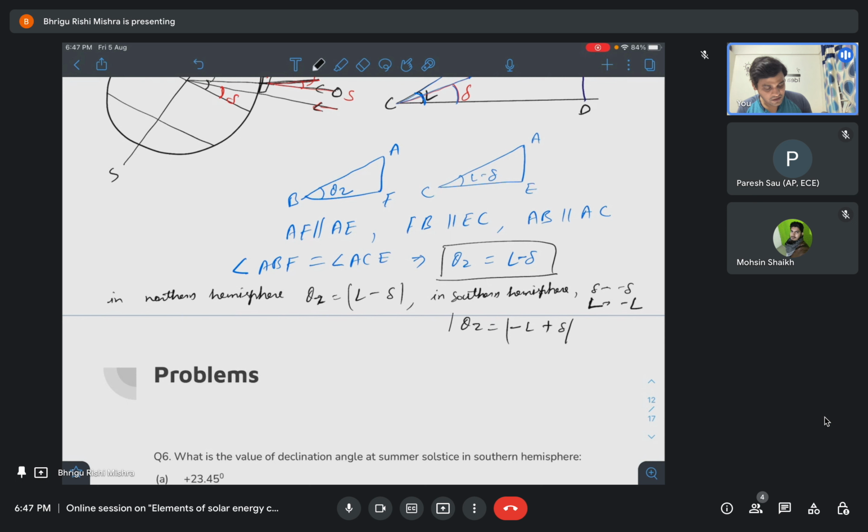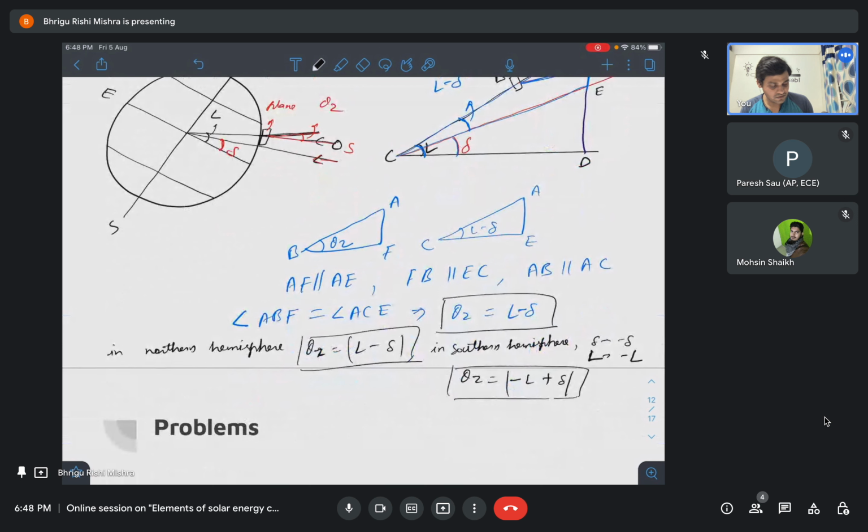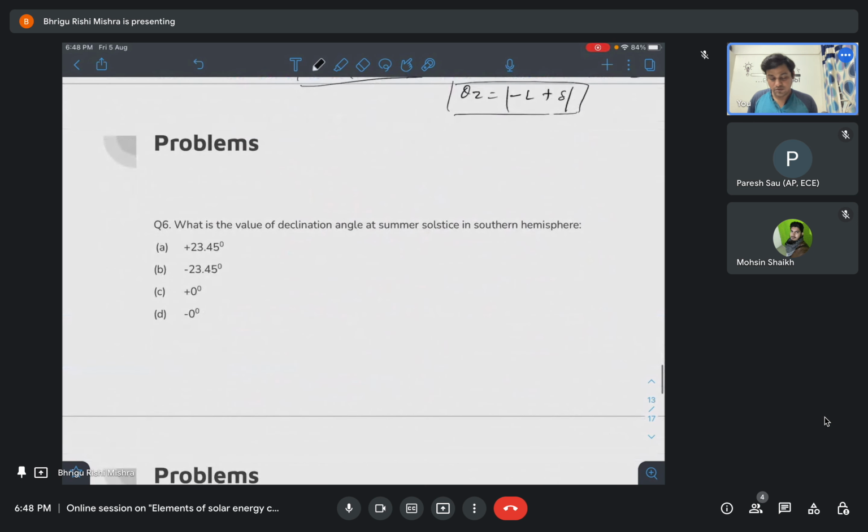So in the northern it is simply L minus delta, and in the southern hemisphere minus L plus delta or delta minus L, whichever way you want to represent it. This is the derivation of the relation between zenith angle, declination angle, and latitude. If you have any question you can ask, or I'll move to another problem.